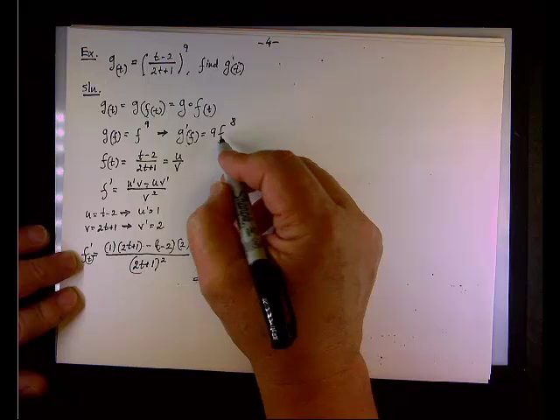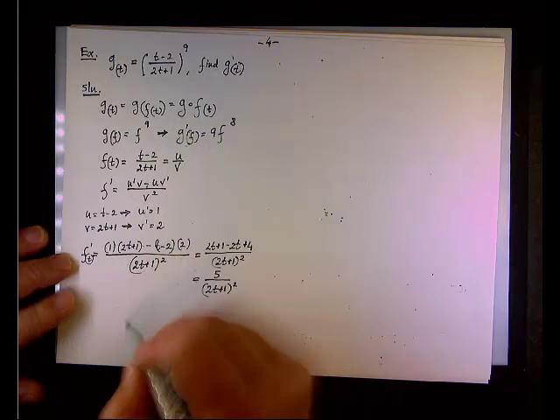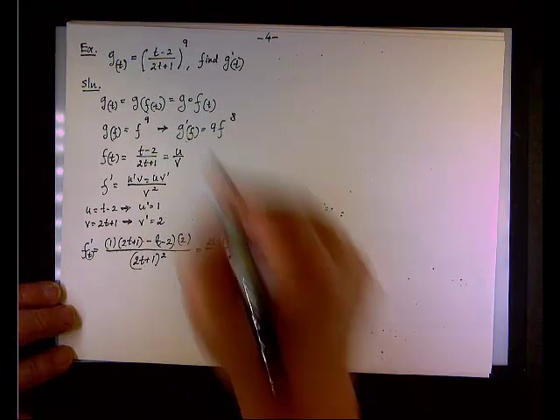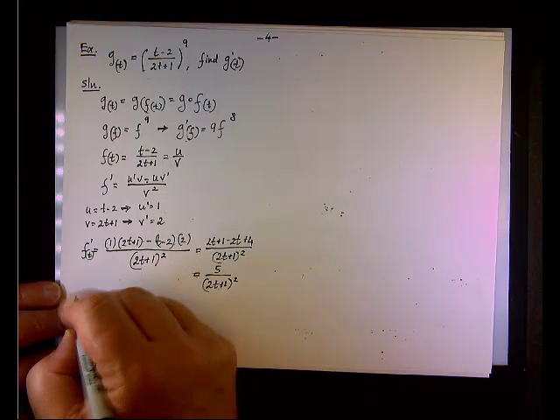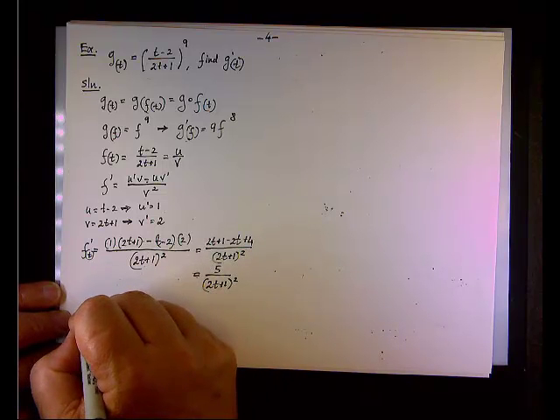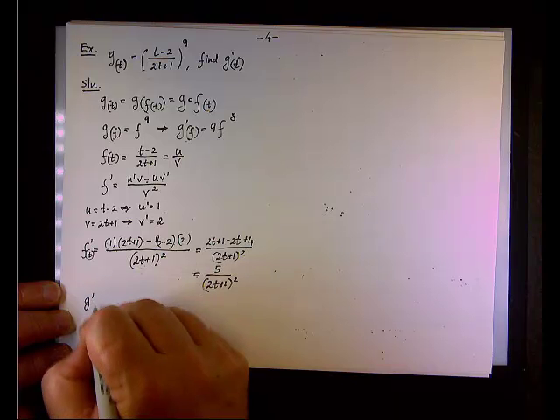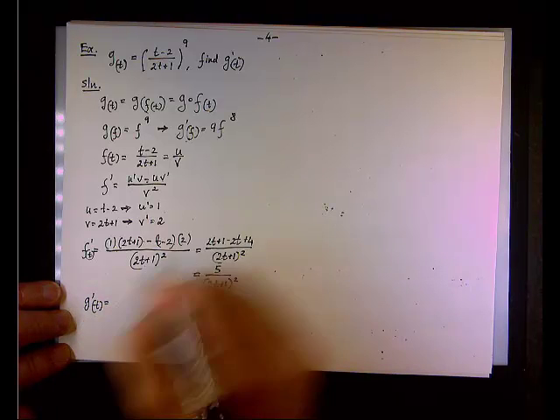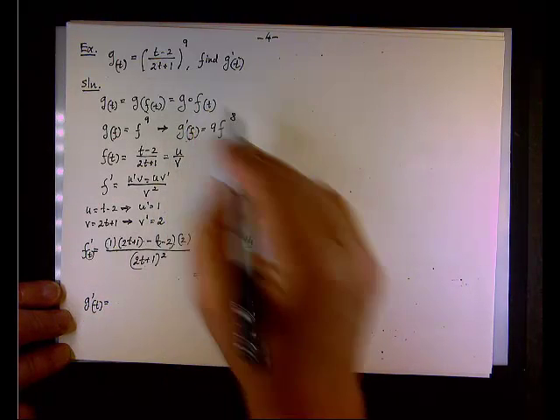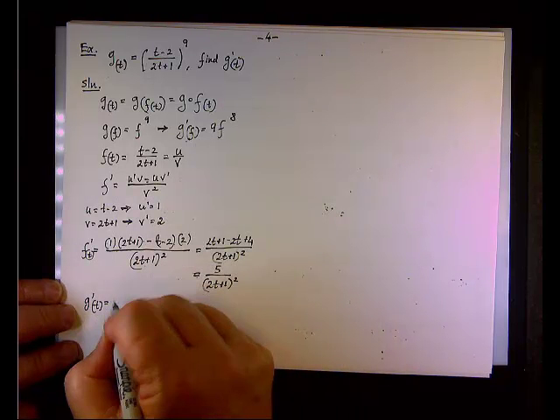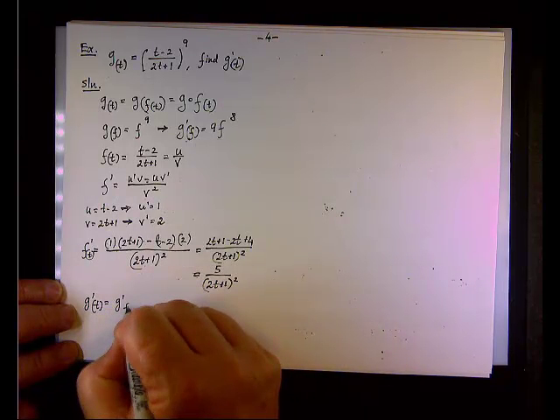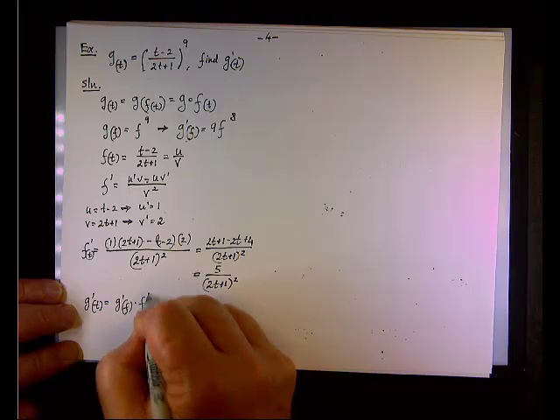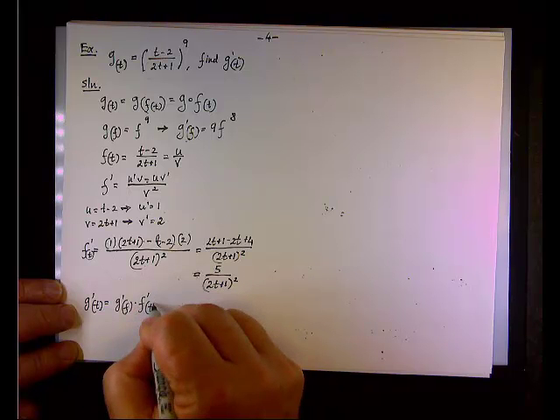We have g prime of f. So we need to multiply each other. We get g prime of t. If this is the composition, then g prime of t will be g prime of f times f prime of t.